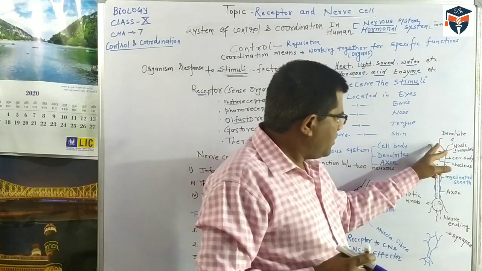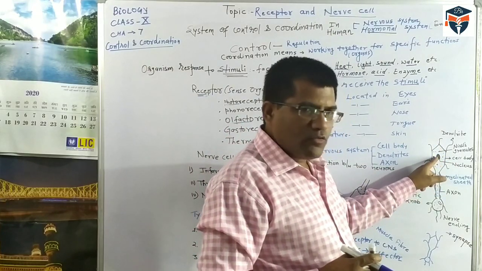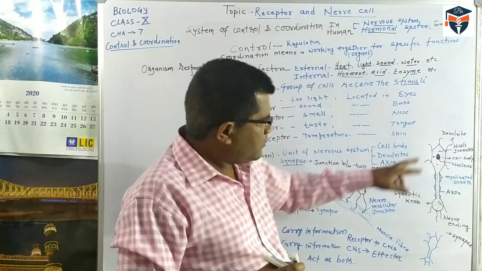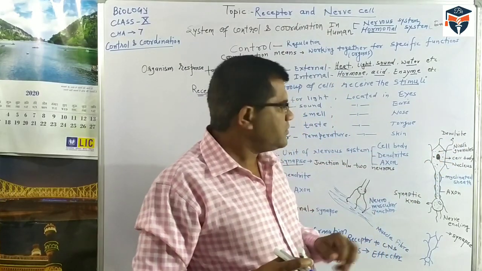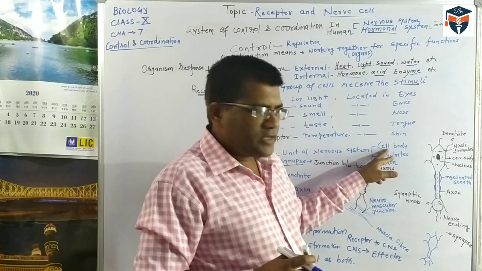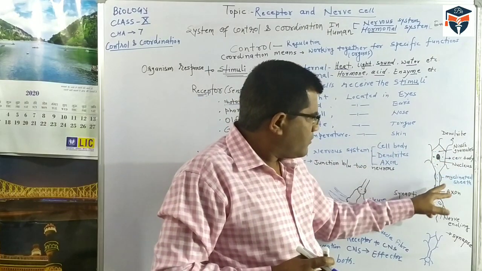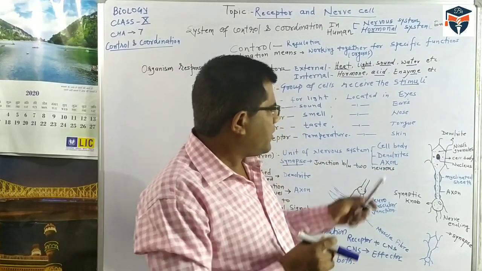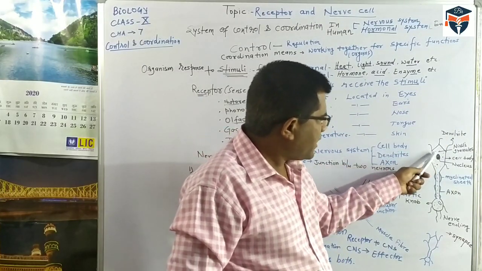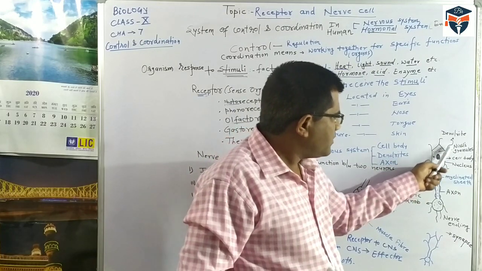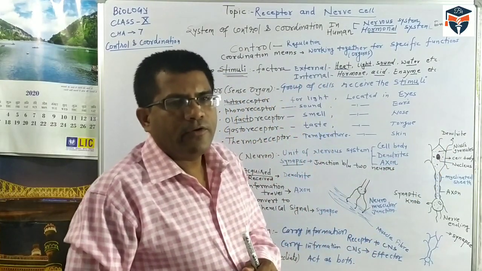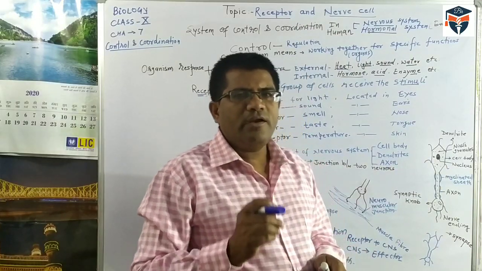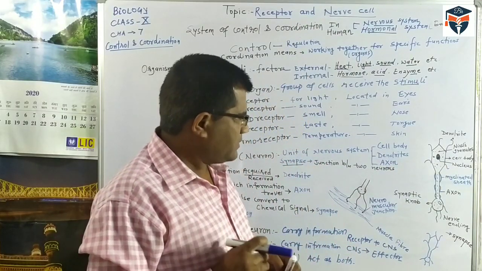So the cell body is a hexagonal structure having the nucleus, and here are the Nissl granules. Nissl granules are present in the cytoplasm of the nerve cell. They act as rough endoplasmic reticulum, and help in protein synthesis.